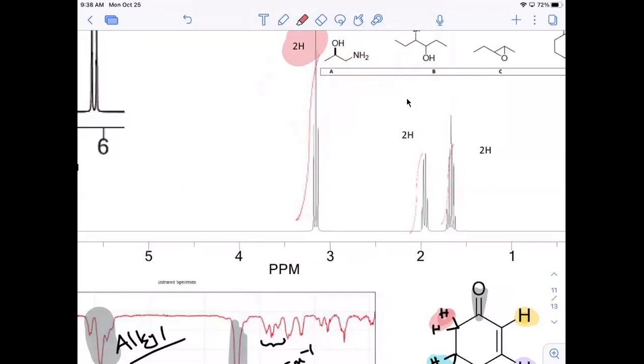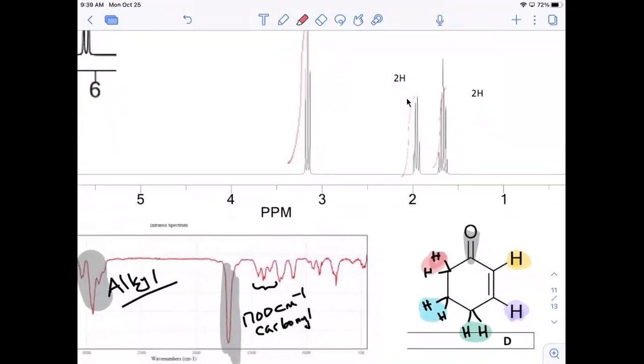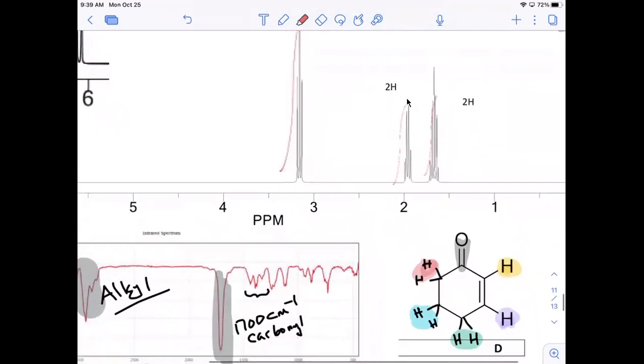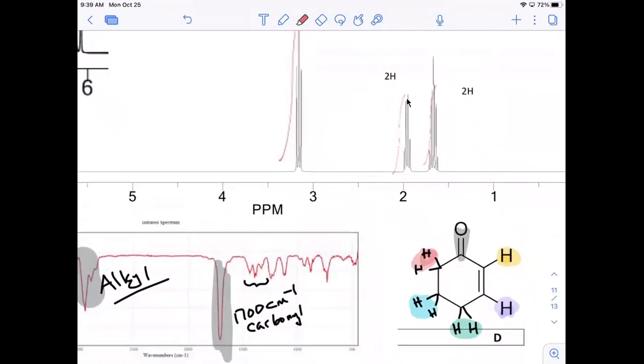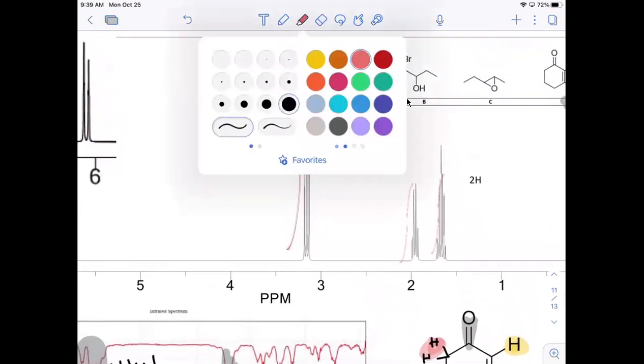You following? Everything is 2 hydrogens. So I was just saying you can't use simply the integration. But if you look at the splitting pattern, right, that particular set of protons, what should it be? What's the splitting pattern going to be? It's a triplet. Right? But I thought that's where the vinylic protons would be.